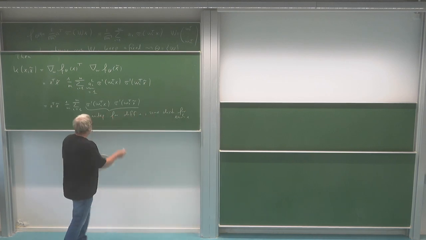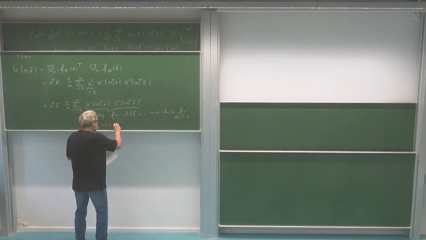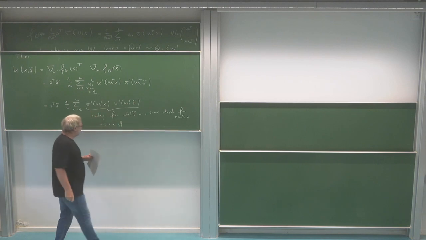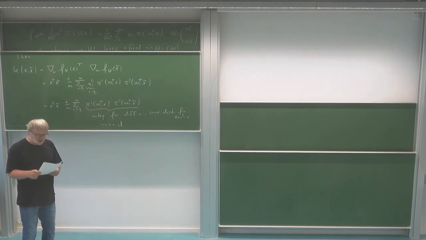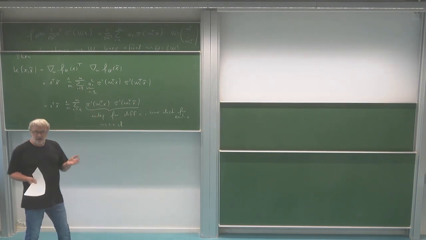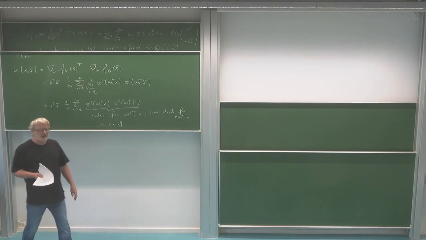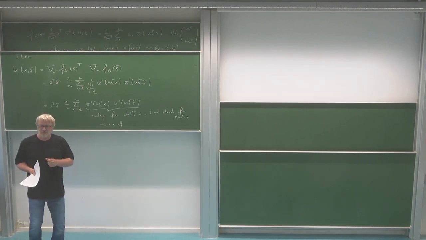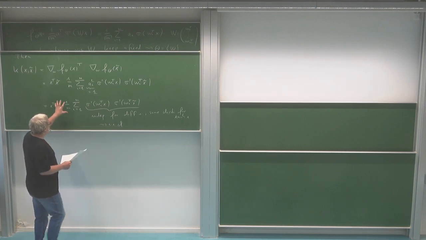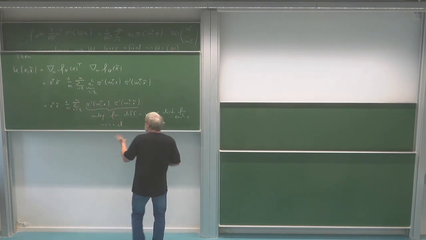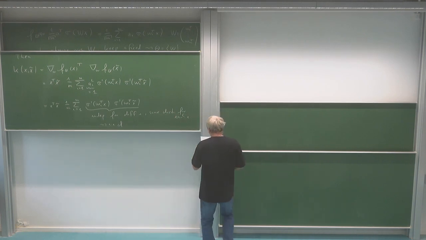Okay, and so this means I have here really IID random variables, independent, identically distributed, and then the law of large numbers tells me that if I take the average over them, I converge to the expectation. So if m goes to infinity, this quantity here goes to the expectation.